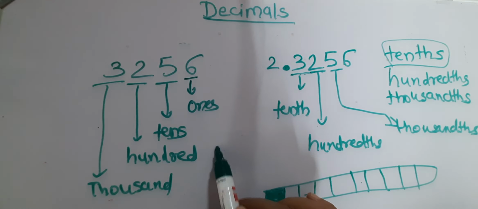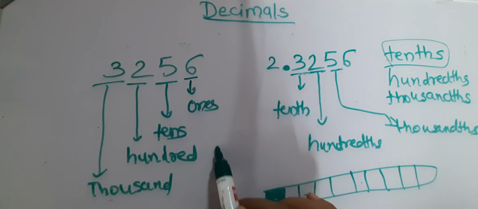Okay. Now hundredths. It is represented as 1 by 100, and in decimal it is 0.01. This is our hundredths place, the second place from the decimal point. Suppose we have 13 by 100. How will we write it? 0.13.